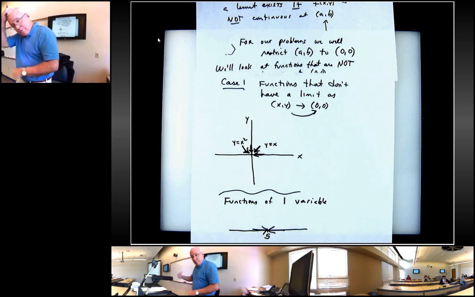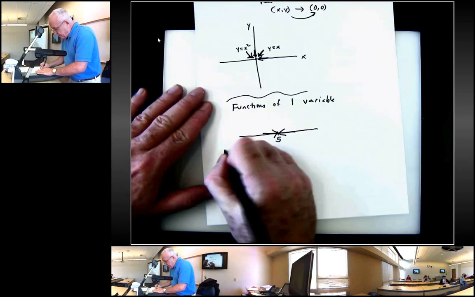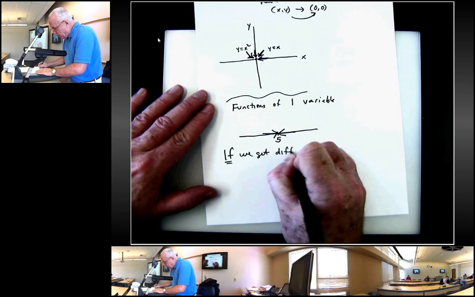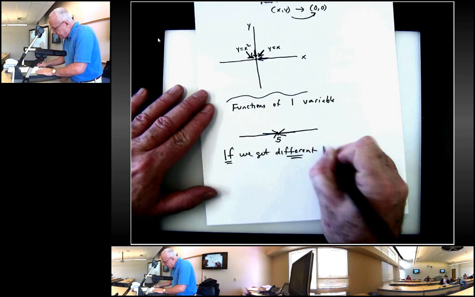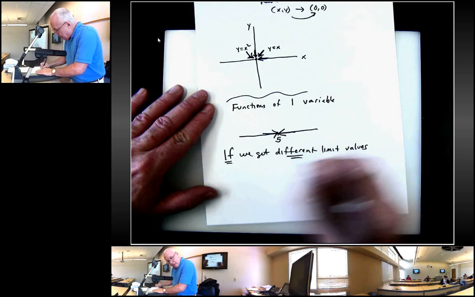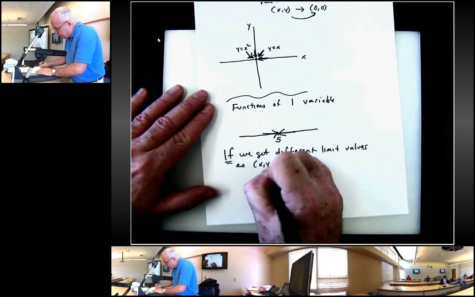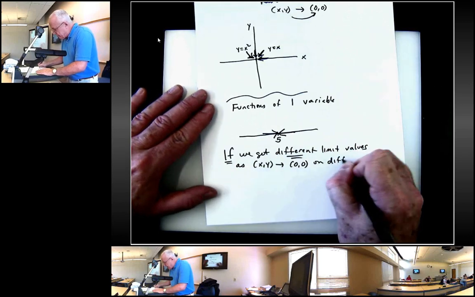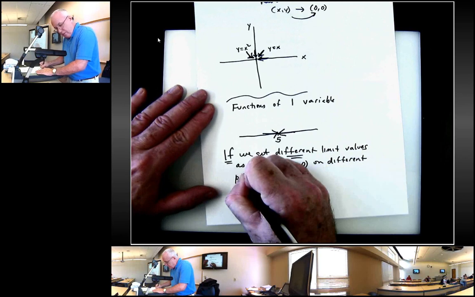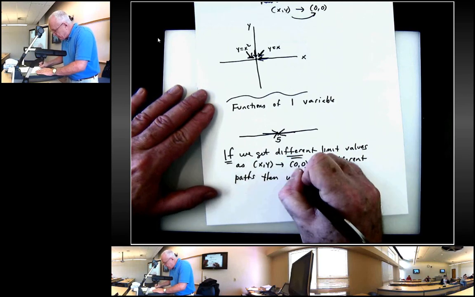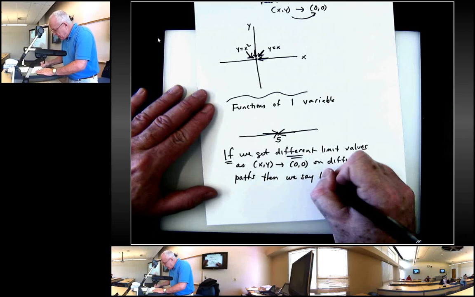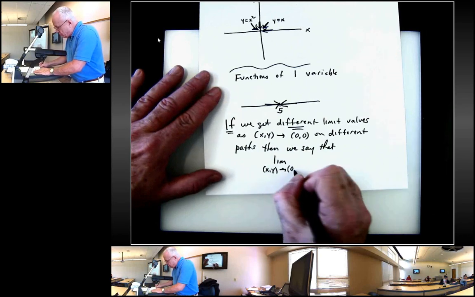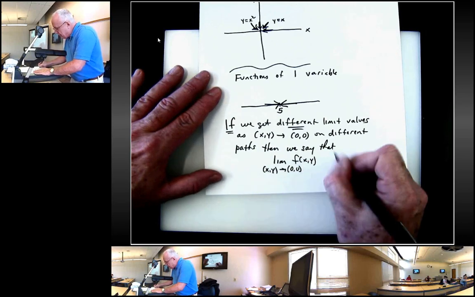So let me put this down. If we get different limit values as (x, y) approaches (0, 0) on different paths, then we say that the limit as (x, y) approaches (0, 0) of our function f(x, y) does not exist.